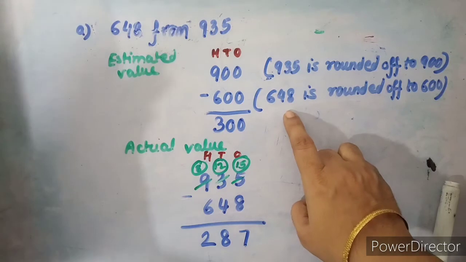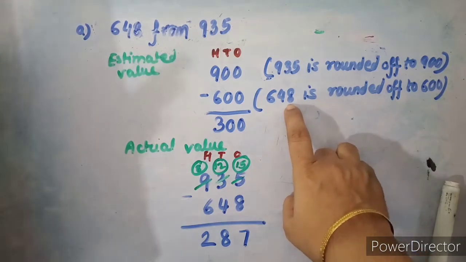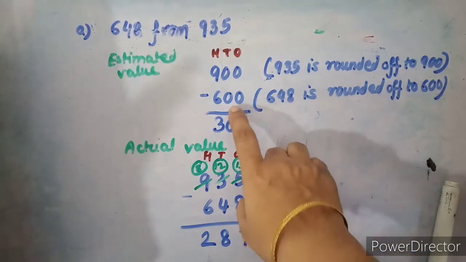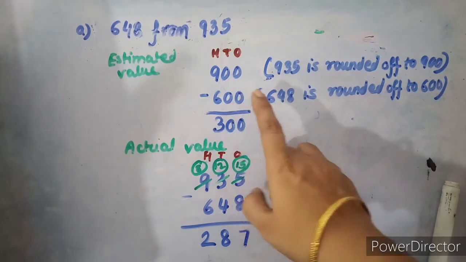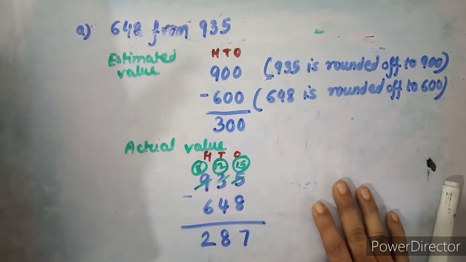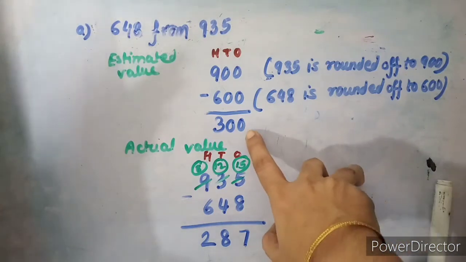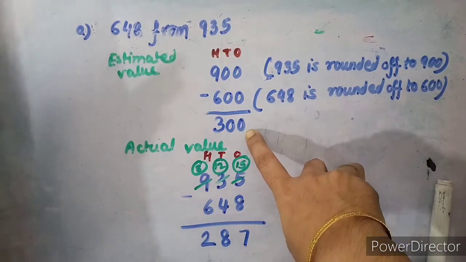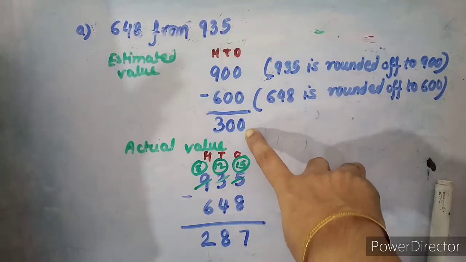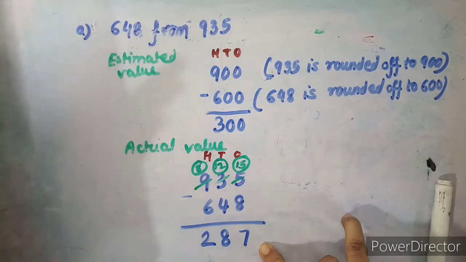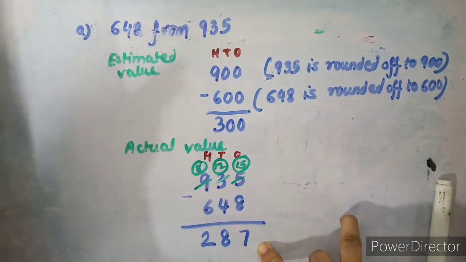Okay, so as you have written the number in the rounded-off form, you have got the number as 600. So as you calculate 900 minus 600, it gives you the value as 300. So your estimated value is 300 and then you need to find the actual value.